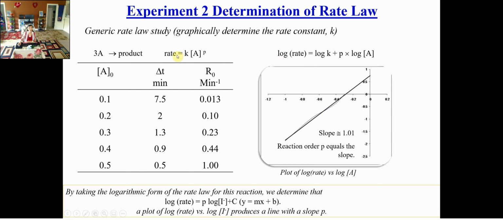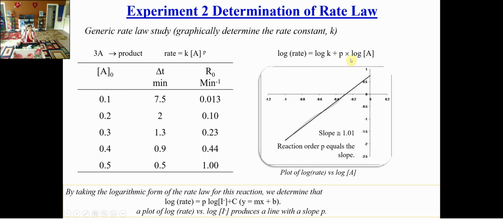Similarly, you apply logarithm onto your reaction rate law: rate equals k times the reactant to the power p. You assume the second chemical is constant. You make this approximation, simplify it, and then apply the logarithm. You get log rate equals log k plus p times log a.